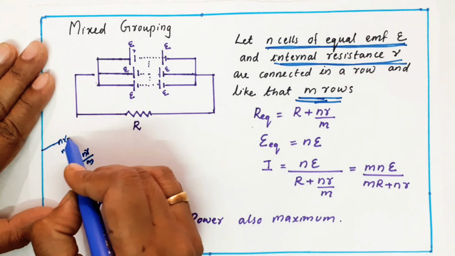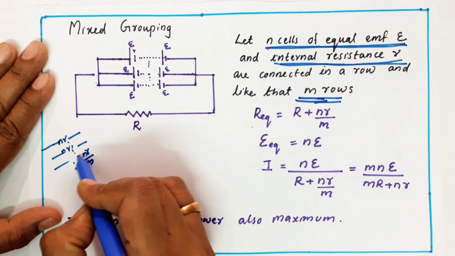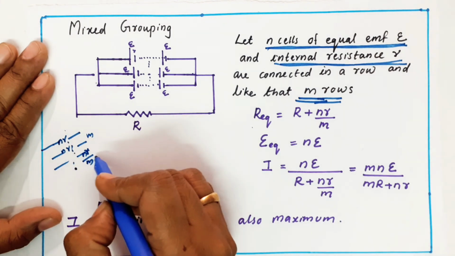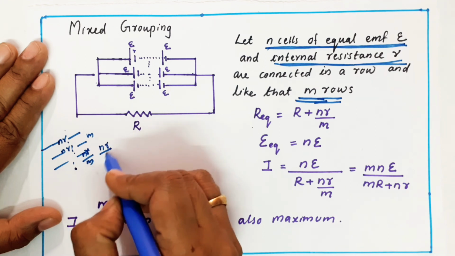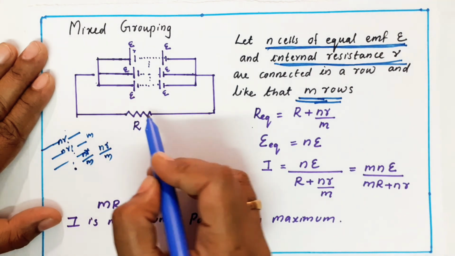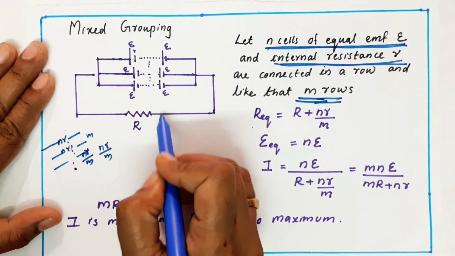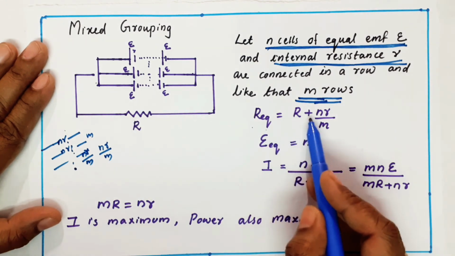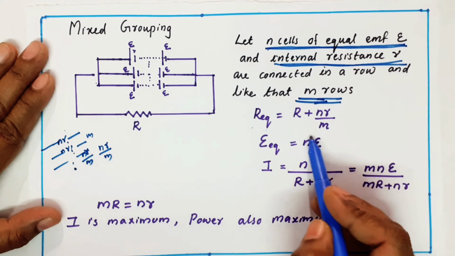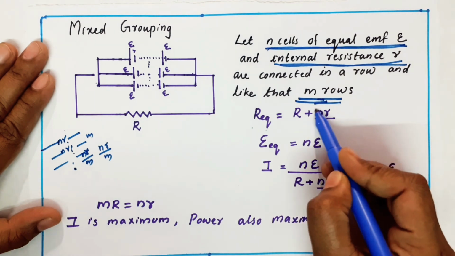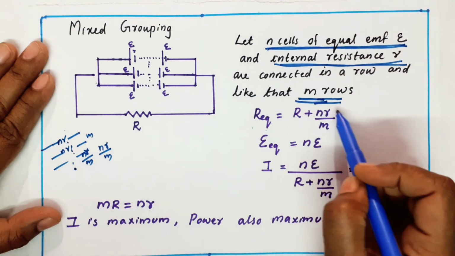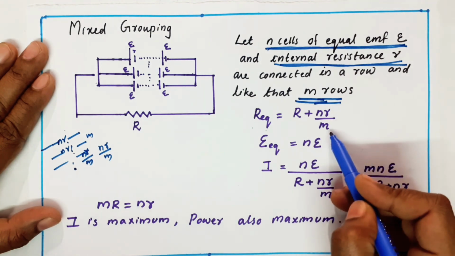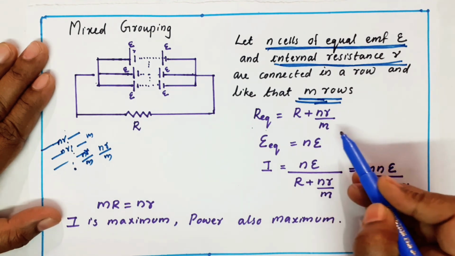For each row this is nR, this is nR, this is nR, like that. How many rows are there? M rows. So the effective resistance is nR by m. Other than that, here one more external resistance is there. So the total resistance is capital R plus nR by m. nR is the resistance of a single row, and there are m rows, so it is nR by m.